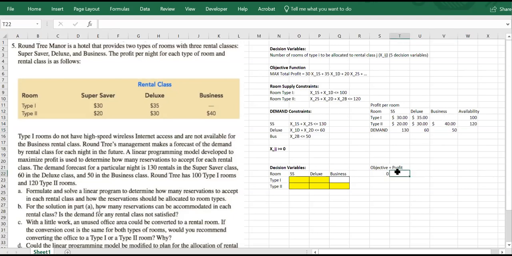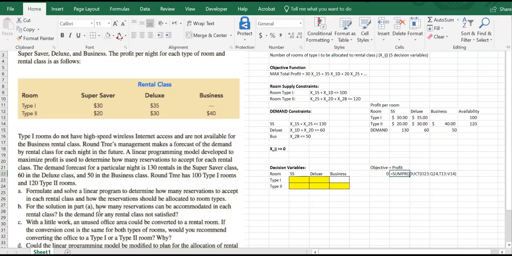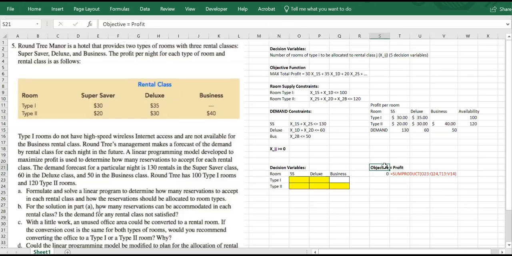So that's good. And then objective function is the profit function. And then we have the supply and demand constraints, availability of room constraints and demand constraints. So for availability, let's put it first.